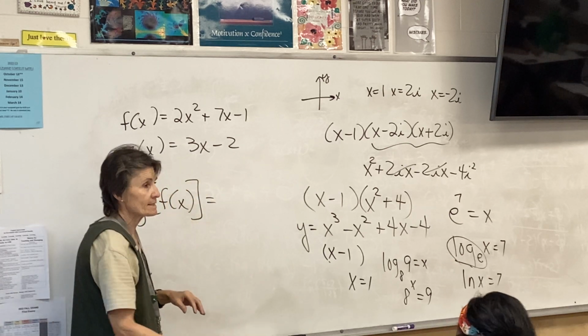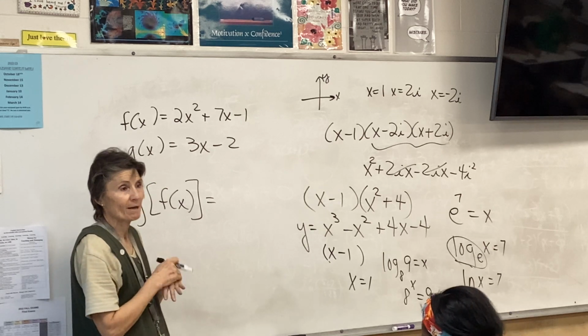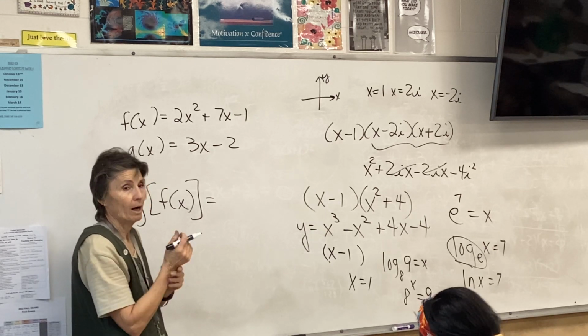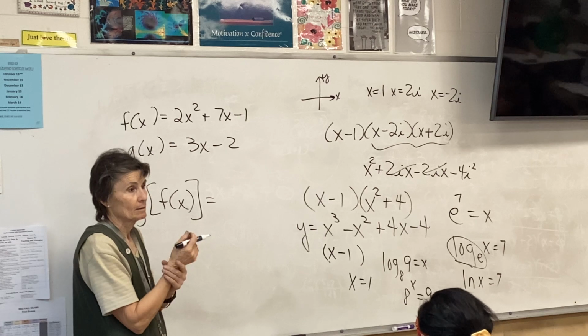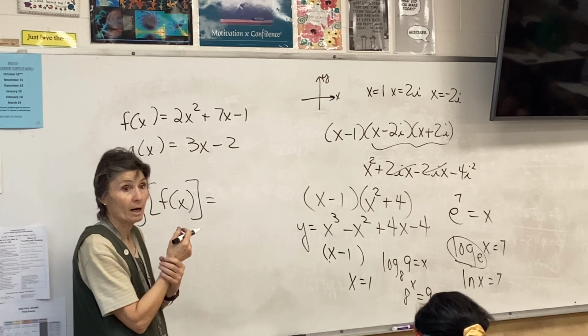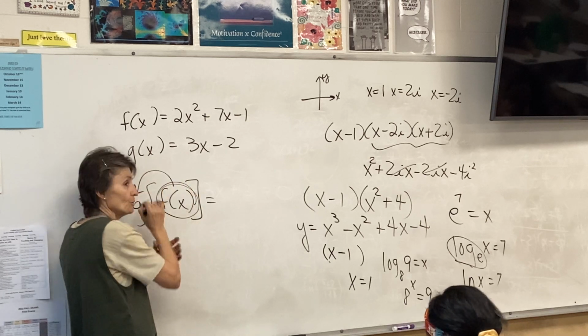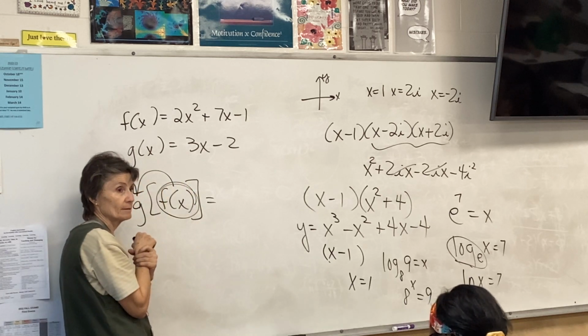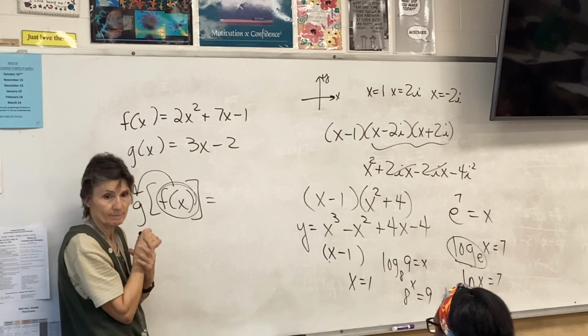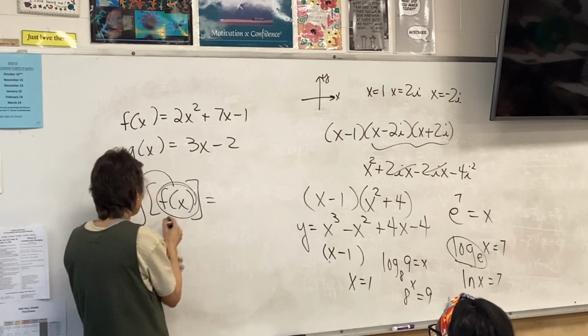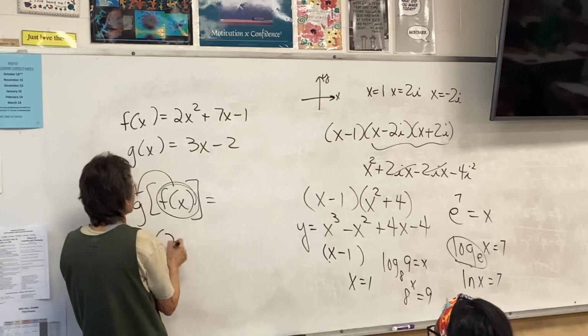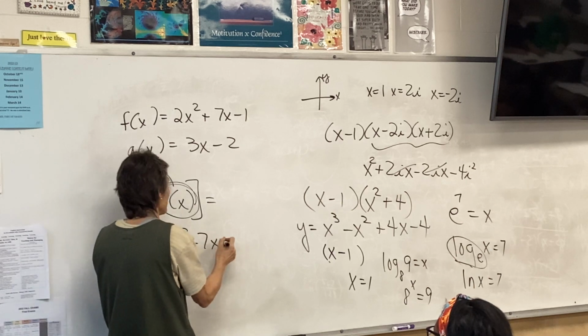Okay, so what does that mean? What do we mean by finding g of f of x? Plug f of x into g. It's a composition. So f of x is 2x squared plus 7x minus 1.